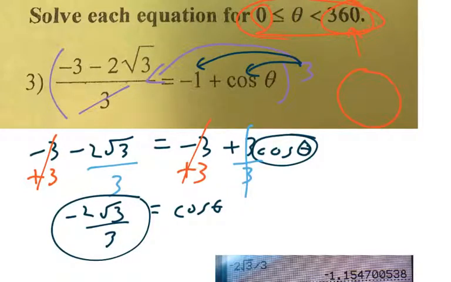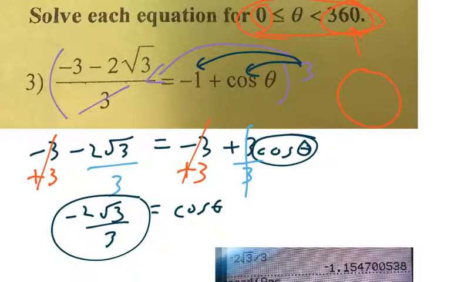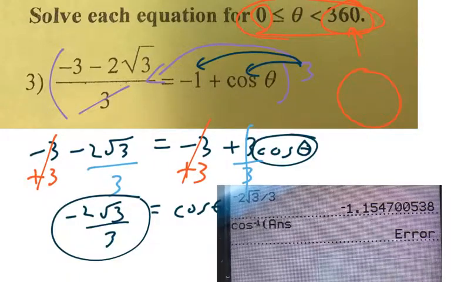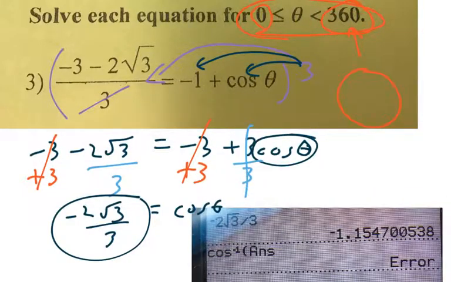This number, as you can see in my calculator screen here, is a negative 1.154. And hopefully you realize that cosine or sine can never be bigger than 1 or negative 1. Okay? If you didn't know that, once you do cosine inverse, you would realize something is wrong.